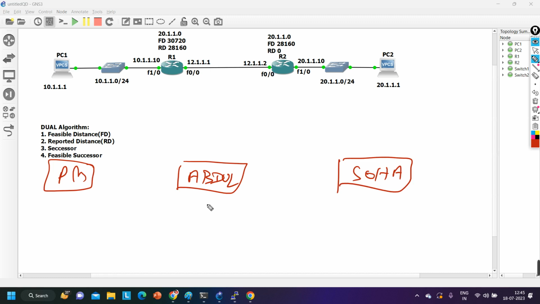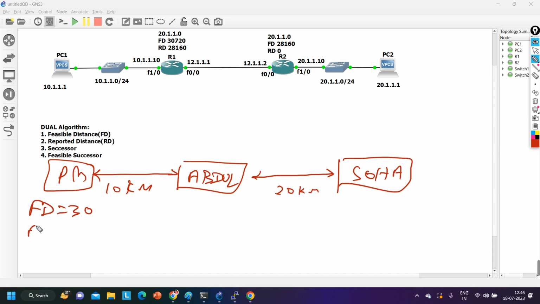Guys, the distance between PM and Abdul is, let's say, 10 kilometers, and the distance between Abdul and Soha is 20 kilometers. So if I want to send something to Soha, the total distance will be 30. So that will be FD.